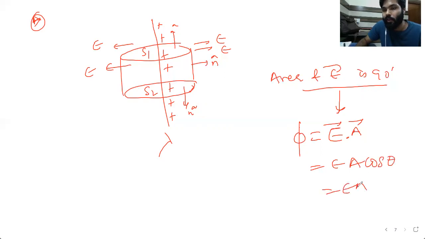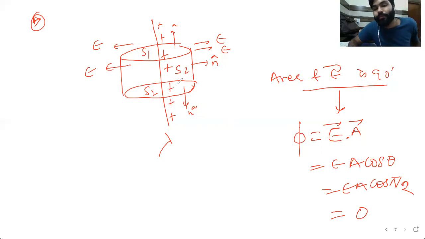Here you put EA cos pi by 2, which is cos 90, and cos 90 is 0, so the result comes out to be 0. This means the flux through surfaces S1 and S2 will be 0, and you are just left with the curved surface area S3. Now you have to find the flux through this curved surface, which will be the flux of the entire cylinder.